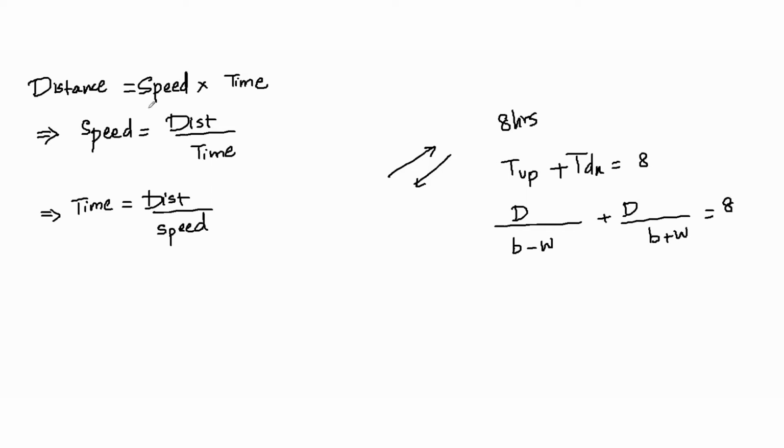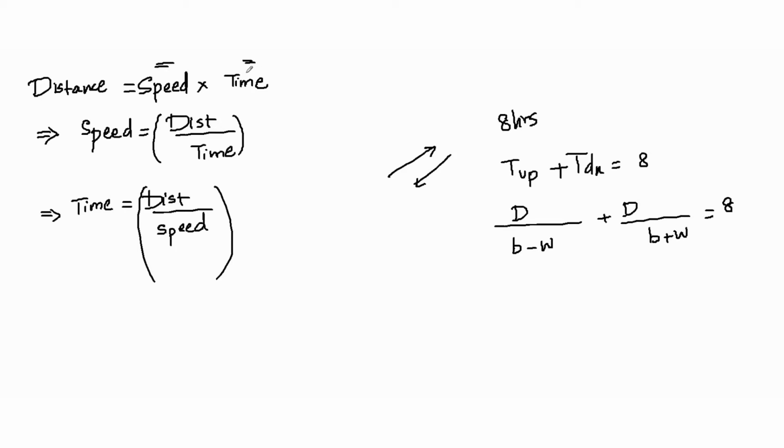So which equation needs to be picked up entirely depends on what conditions are given to you. If the time is given to you, then you would pick this particular equation, the third one. In case the speed is given to you, then you would try to represent it in this particular form. And in case the distance is given to you, then it would just be distance is speed into time.